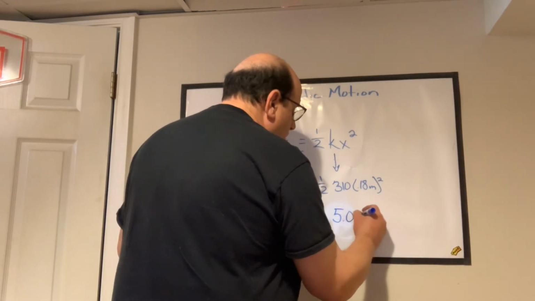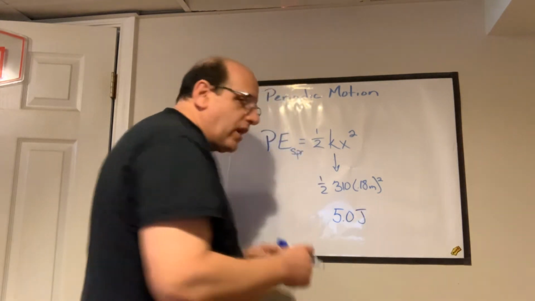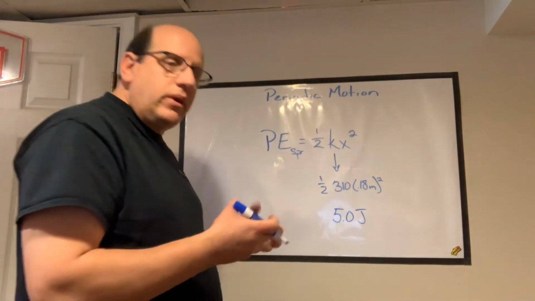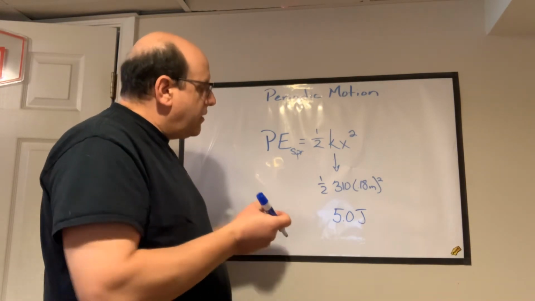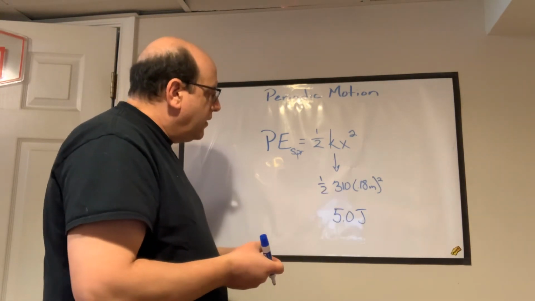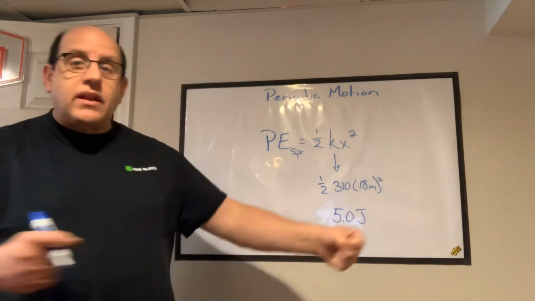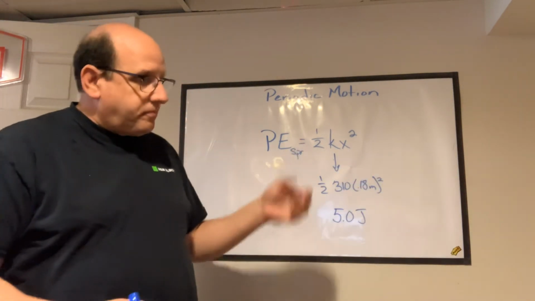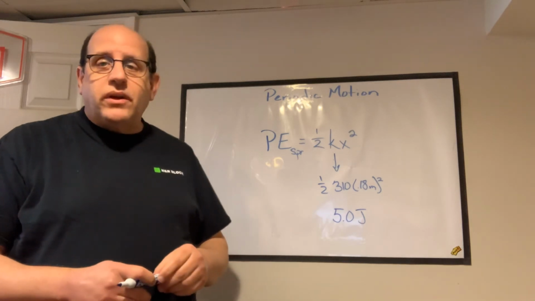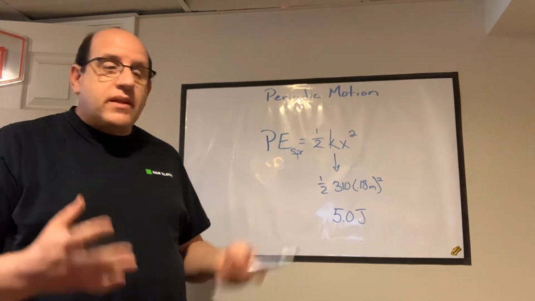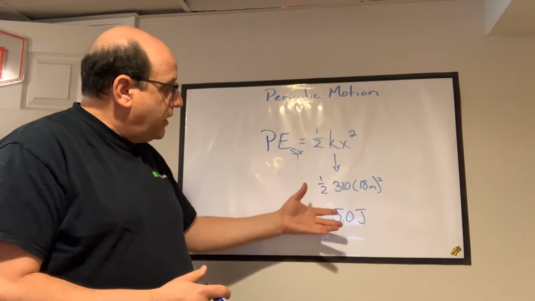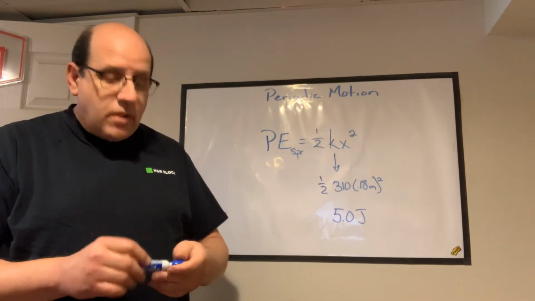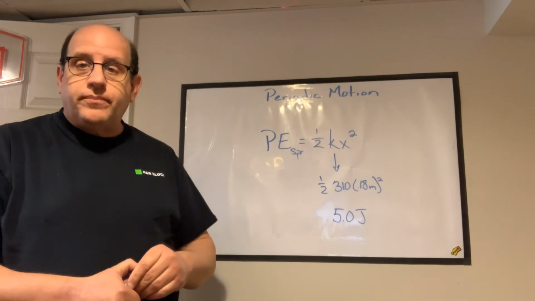I think it's 5.0 joules. There's not a whole lot of energy stuck inside that spring because it's not a big, hefty spring. 310 newtons to get that thing to stretch an entire meter, not a very hefty spring. But that's all there was to it, and that's what that example problem was trying to show us.